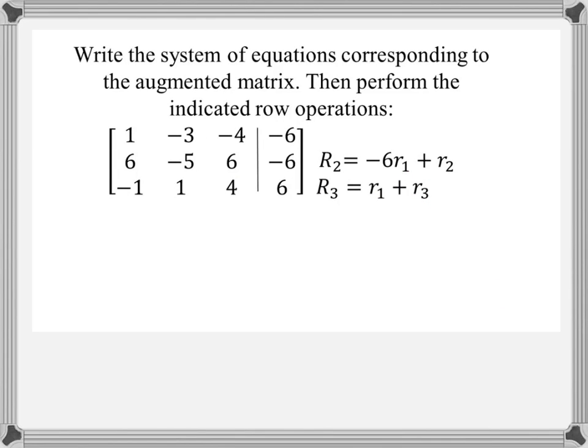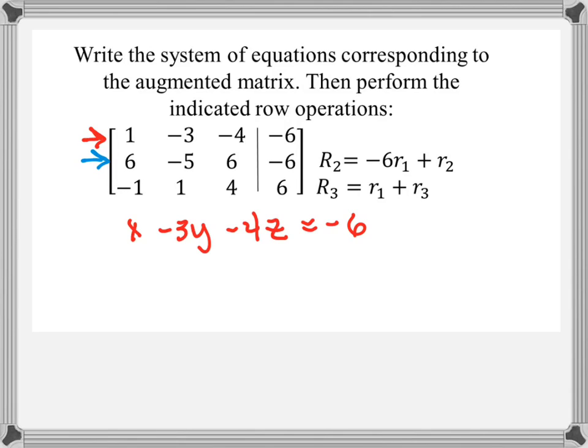Okay, now let's write the system of equations corresponding to the augmented matrix shown here, and then perform the row operations indicated here as well. So the first row corresponds to the equation 1x minus 3y minus 4z equals negative 6.